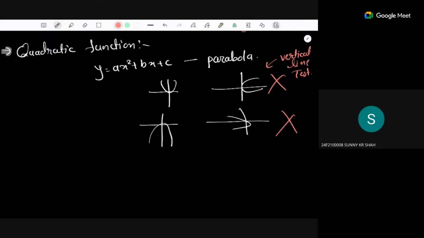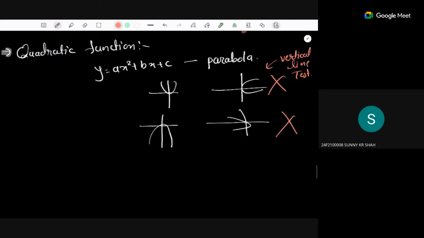The vertical line test means you draw several vertical lines. If I draw several vertical lines, I'll get a vertical line which intersects the graph at more than 1 point. Here this vertical line is intersecting the graph at 2 points. If such a scenario happens, then that graph does not represent a function. A graph is just any figure over the plane.